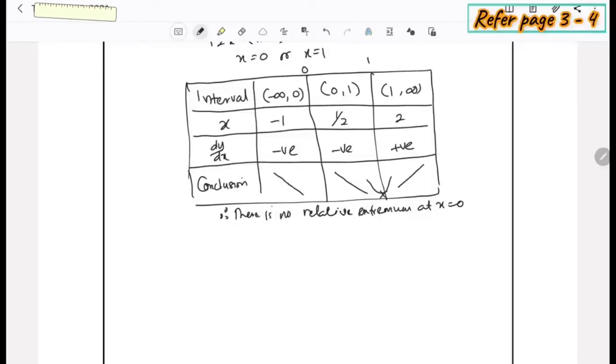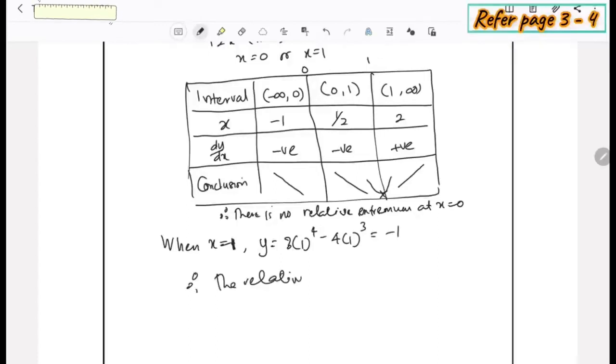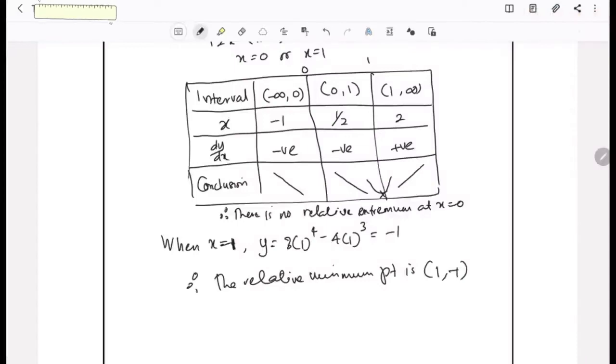So let's find the value of y. When x is 1, y equals 3 times 1 to the power of 4 minus 4 times 1 cubed. So you get negative 1. So hence the relative minimum point is (1, negative 1).